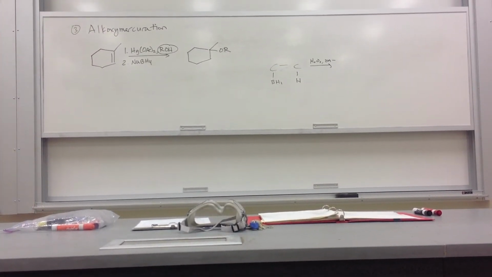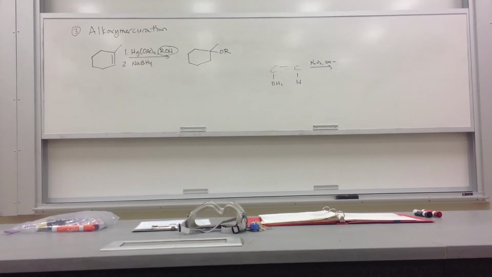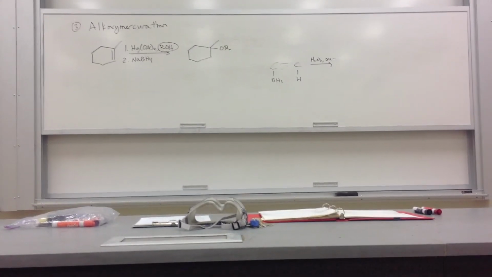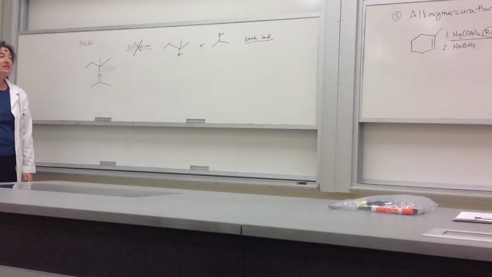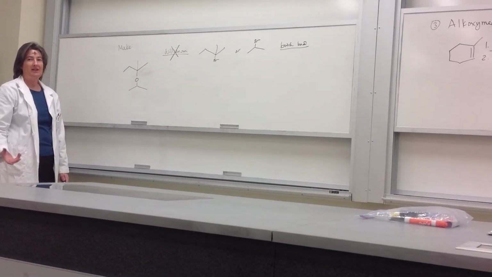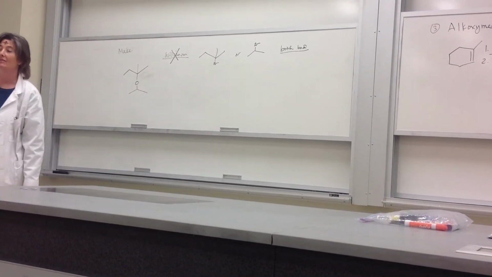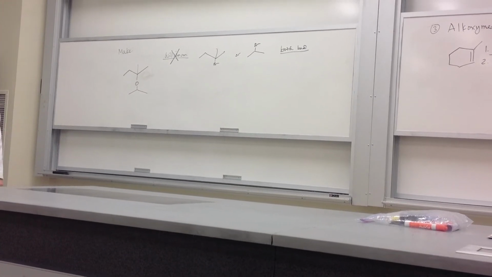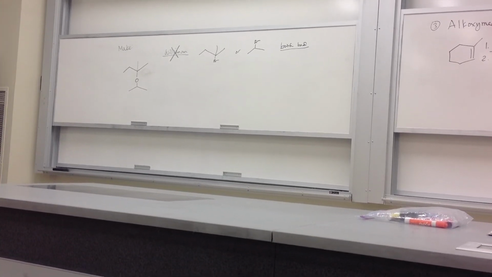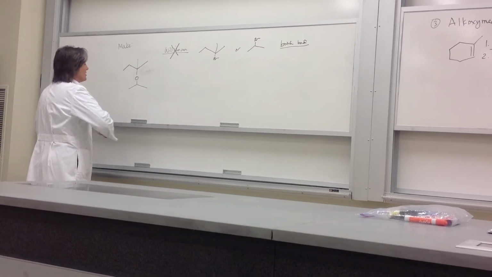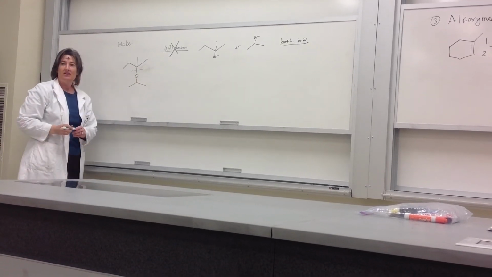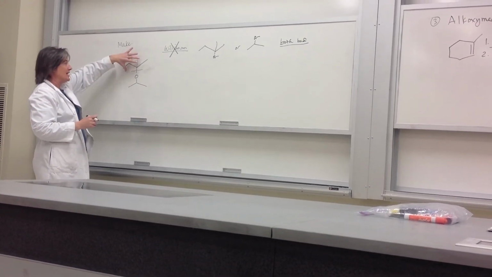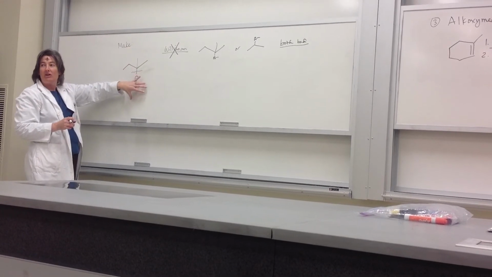Okay, so the problem that you have then is figuring out where to put your double bond. You need the double bond to be in the right spot so that when you do Markovnikov addition, the ether ends up on the right carbon. So let's go ahead. My druthers are to slice it right there. And I'm going to make the top half my alkene, the bottom half my alcohol.